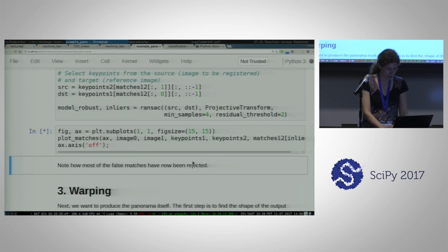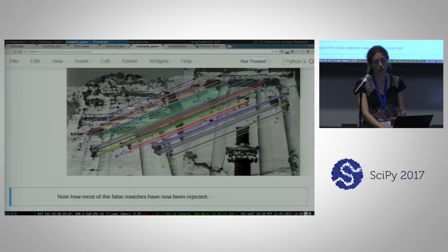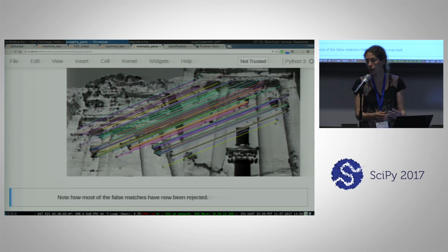And you see that after all the outliers have been rejected, the set of descriptors in image 1 are perfectly matched in image 2. So after that you can transform your image, you can stitch them together, but the really important part in image stitching is to be able to match points of interest in the two images. Okay? So I'm sorry, this was really fast.